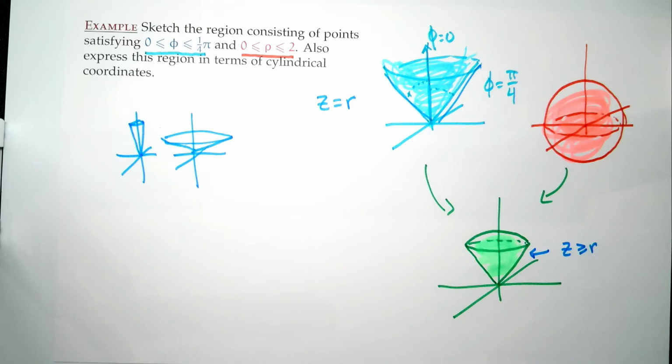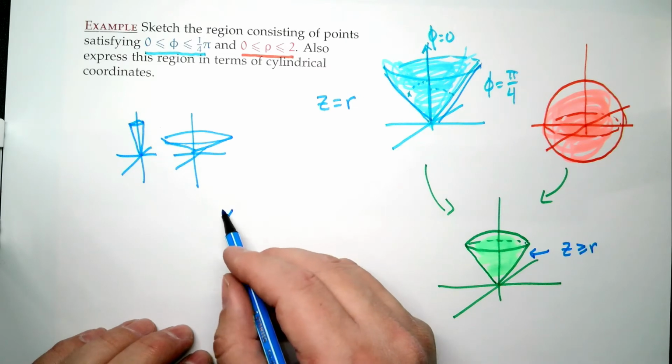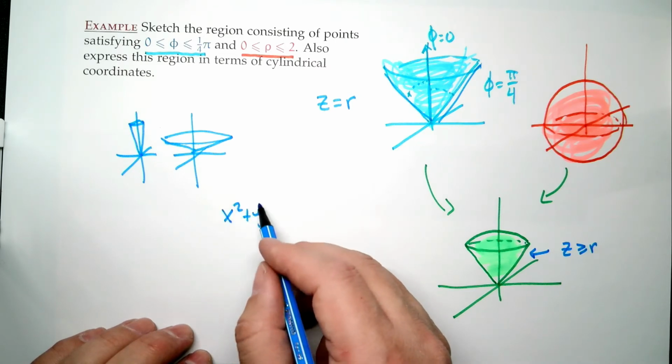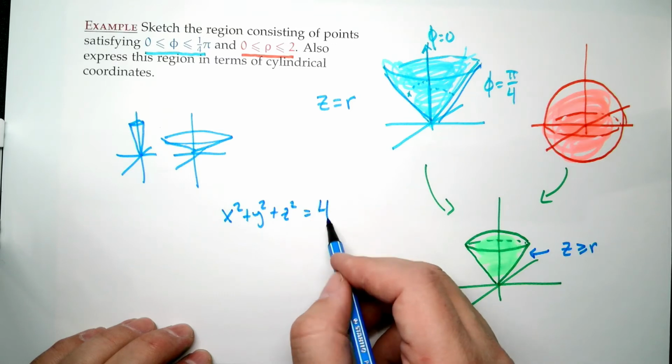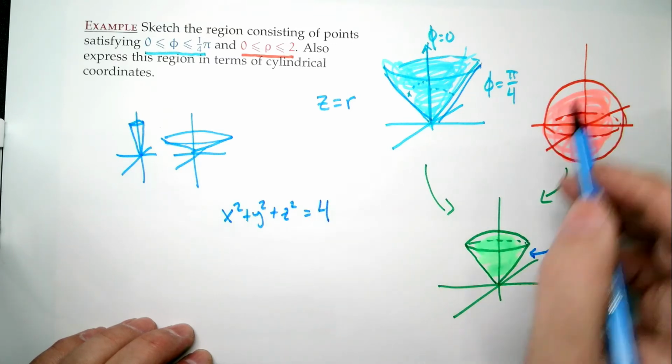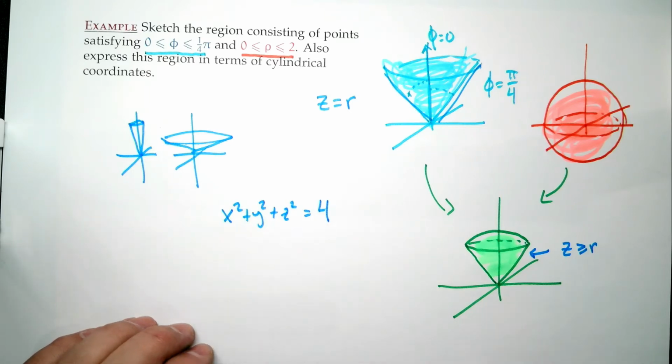How about the top? The top is a little bit more subtle, but let's think about it. It's a sphere of radius 2: x squared plus y squared plus z squared equals 4. That's the shell, and that's in Cartesian because we're comfortable with Cartesian.